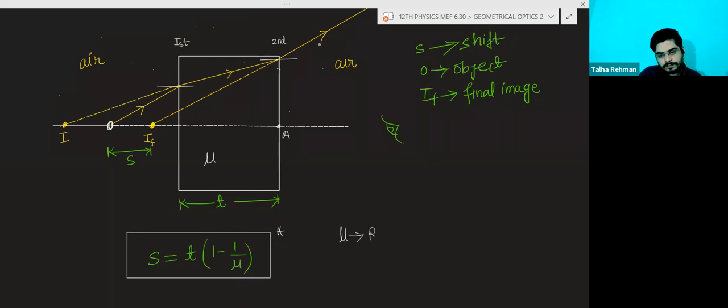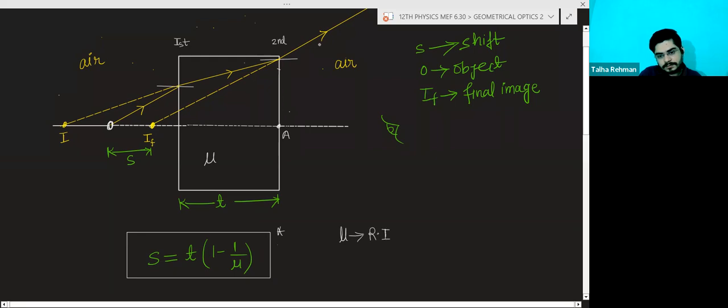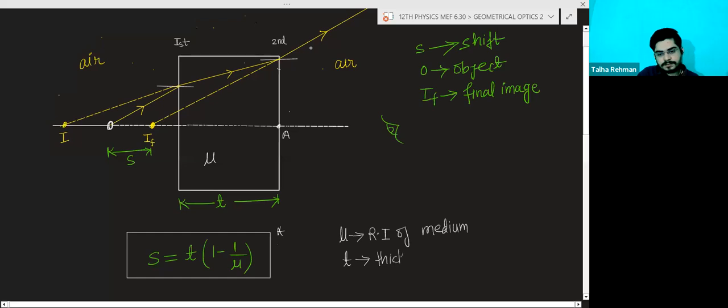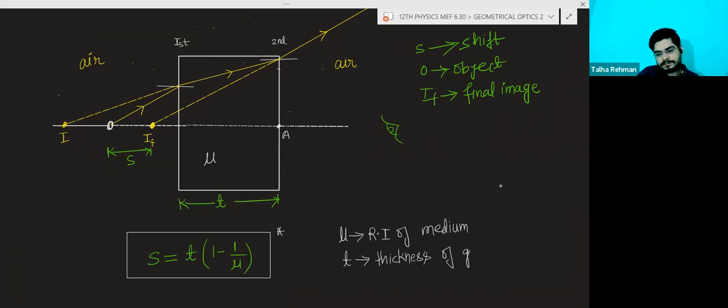Mu is the refractive index of the medium, you can say. T is the thickness of the slab, glass slab.